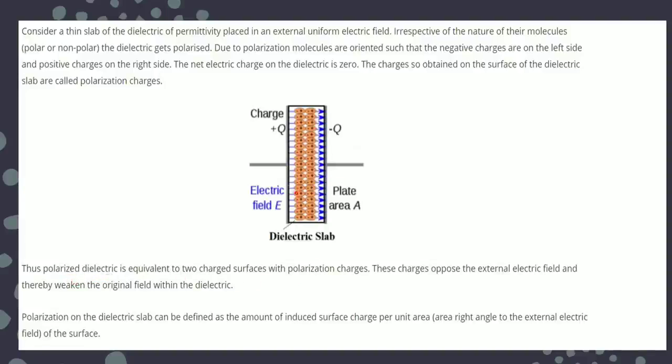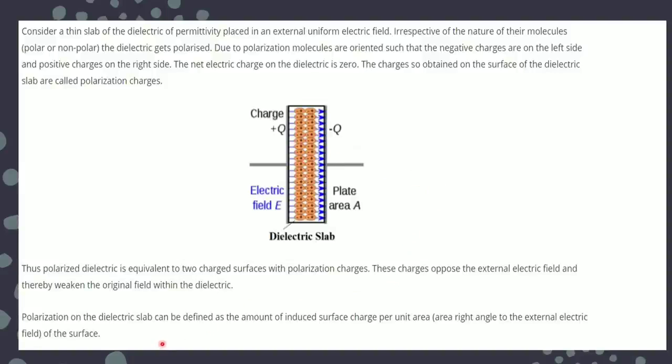This process, for dielectrics, we call it polarization, because the dielectric is getting polarized, and because of the polarization only the negative and positive charges orient themselves.